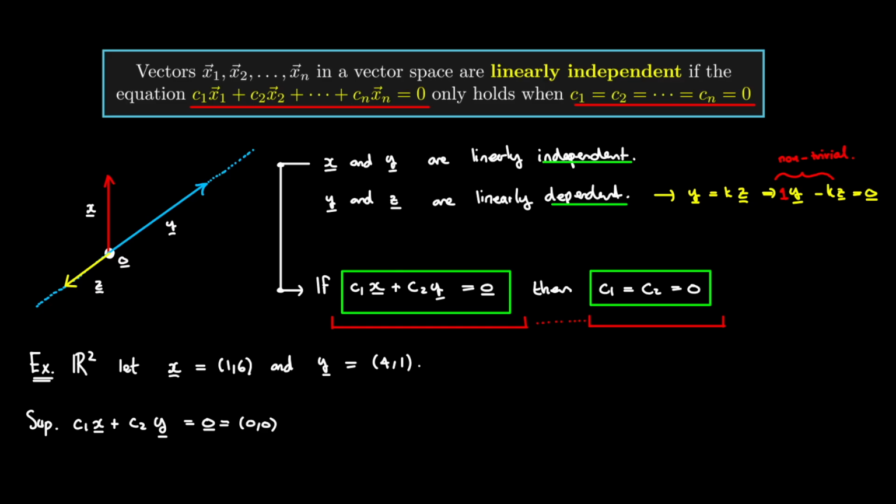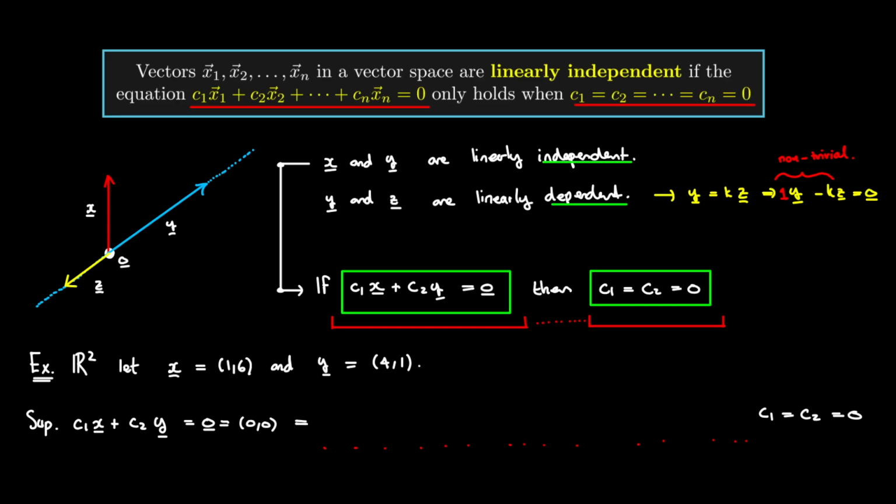But the point is now we have to make some logical deductions and try to end with the relevant conclusion, that C1 is equal to C2 is equal to 0. We have to try and get there somehow. All right, let's try and do that.